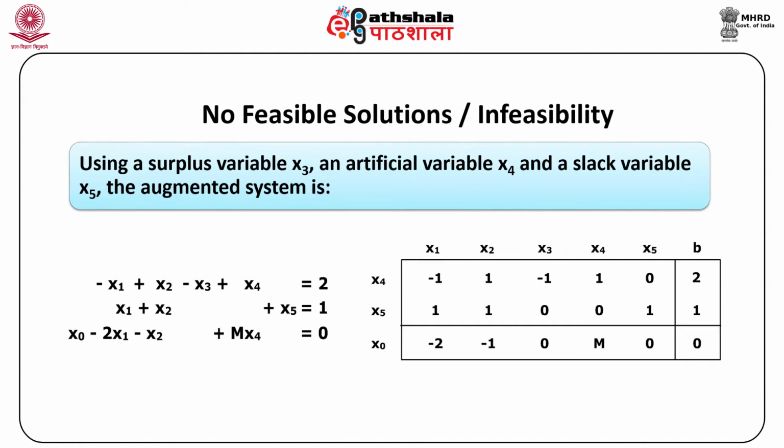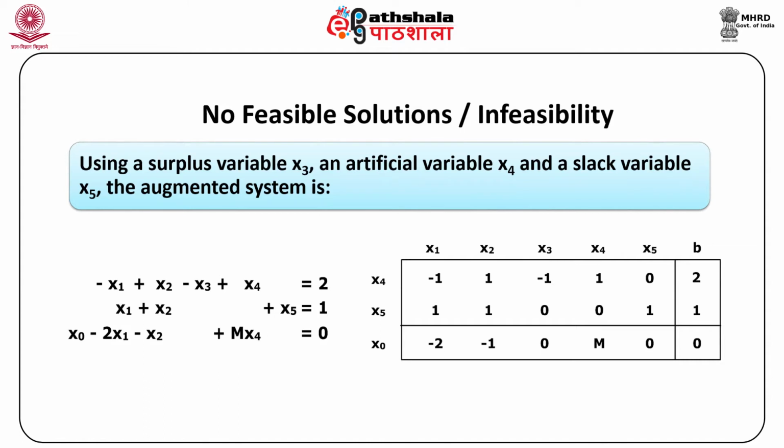Using a surplus variable x3, an artificial variable x4 and a slack variable x5, the augmented system is minus x1 plus x2 minus x3 plus x4 equals 2, x1 plus x2 plus x5 equals 1, x0 minus 2x1 minus x2 plus Mx4 equals 0.